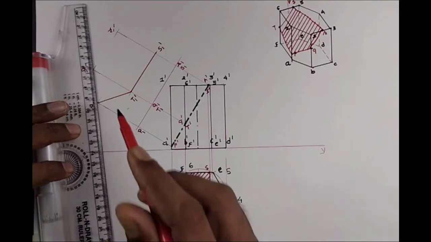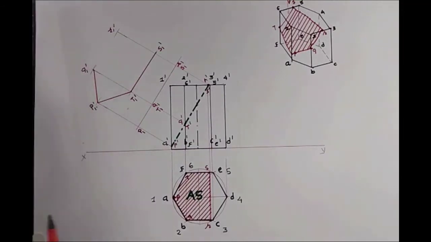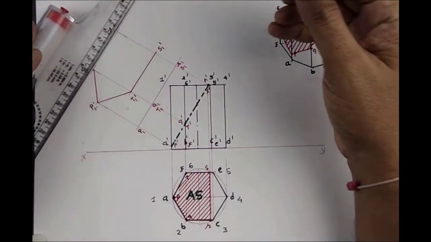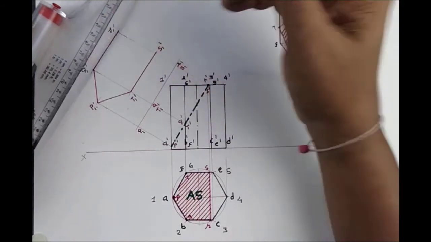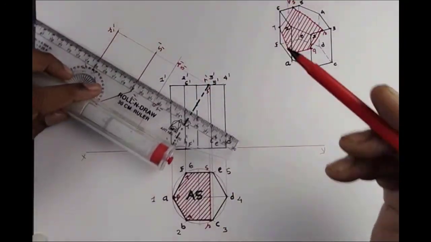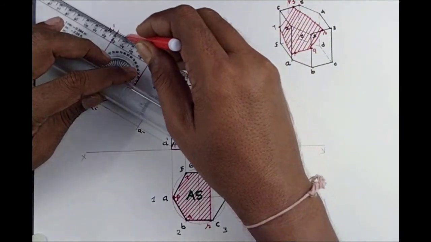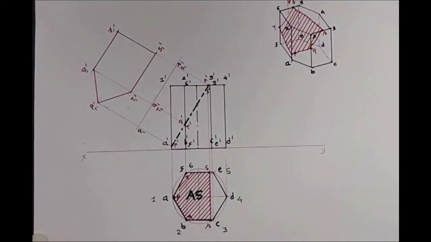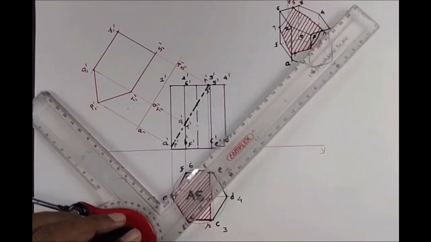So P1 dash, Q1 dash, then you join Q1 dash, R1 dash, S1 dash, R1 dash. This is our true shape of section.